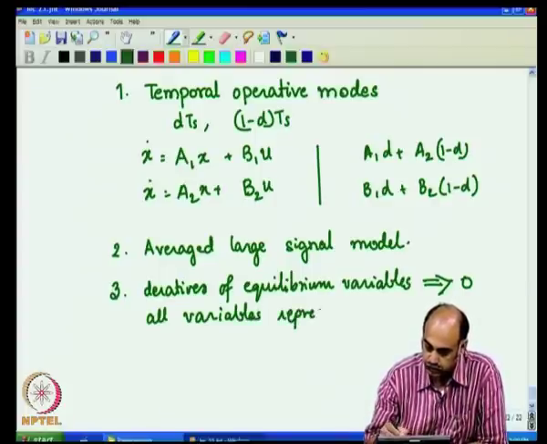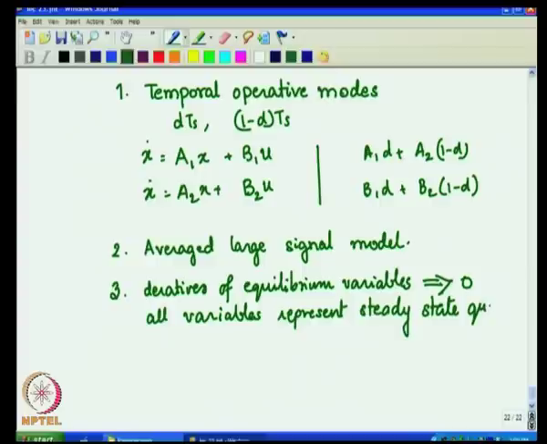represent steady state quantities, that is d becomes D, x becomes X, y becomes uppercase Y. They represent the steady state quantities.